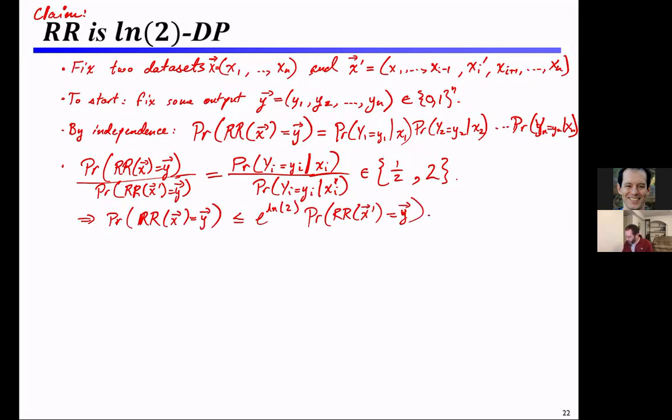All right, so there we go. That's our main inequality. Now, this isn't quite the thing we needed to prove.